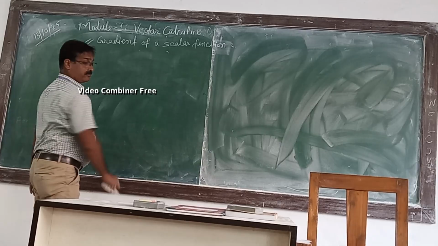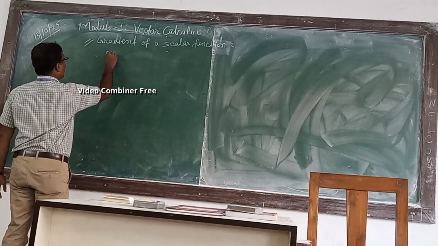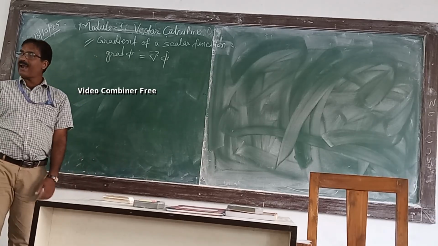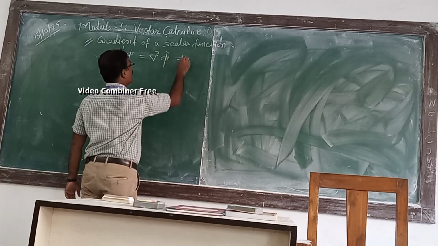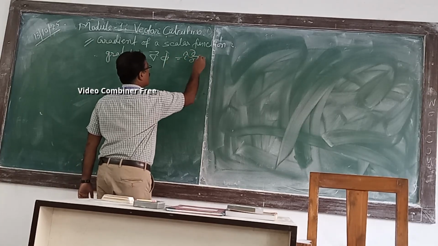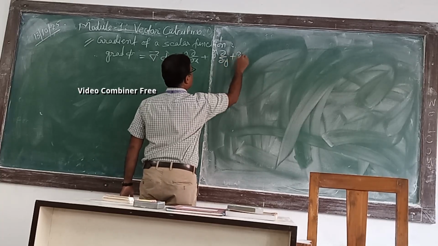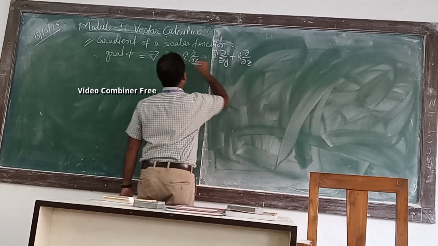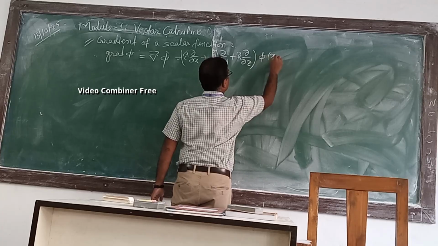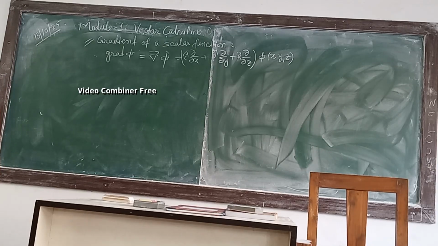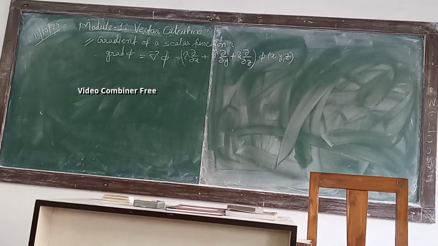Therefore, grad phi equals to i cap del/del x plus j cap del/del y plus k cap del/del z operating on phi, a function of x, y, z.